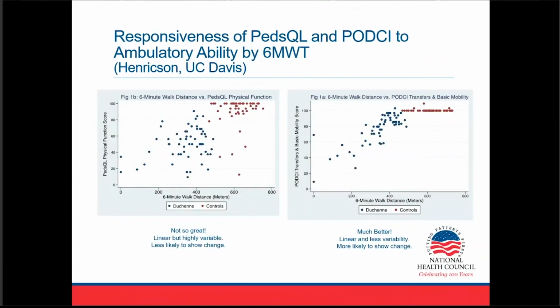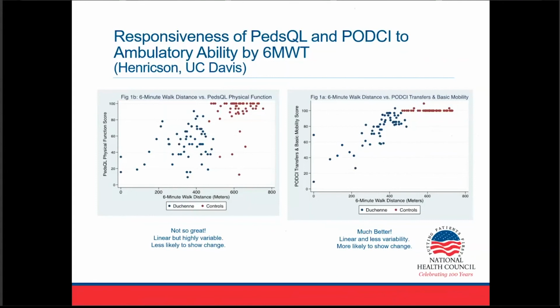They took data from a natural history study. This comes from Drs. Craig McDonald and Eric Henriksen, and they compared two specific PRO instruments, the PedsQL and the PODCI, to changes in the 6-minute walk test, a hard endpoint. And it does show that the PODCI measures the change over time.